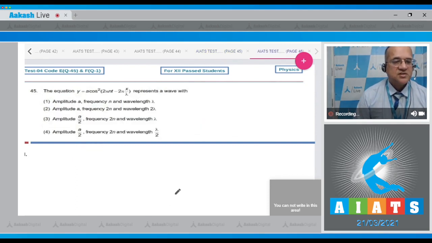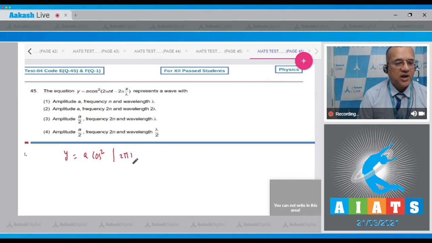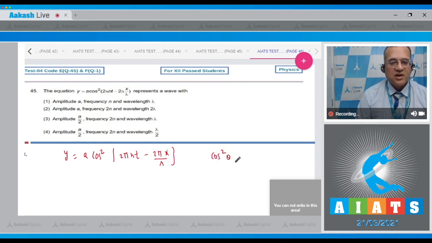Question number 45: the equation y is equal to a cos square of 2 pi nt minus 2 pi x by lambda represents a wave whose amplitude and frequency are to be compared. Now the relation is y equal to a cos square of the bracket 2 pi n into t minus 2 pi x divided by lambda. Now, dear student, cos square theta is equal to 1 plus cos of the double angle divided by 2.